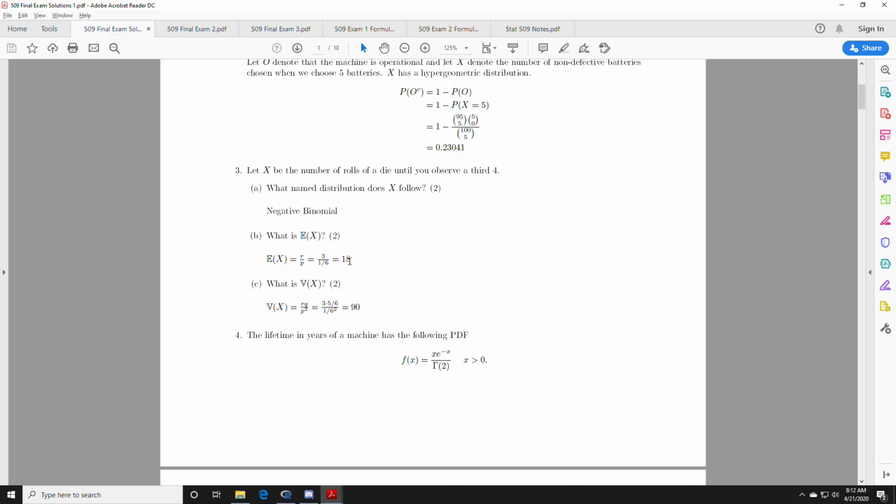Now, one thing I will mention for some of these expected values and variances, if you do not remember them, I would highly recommend that you look them up in your notes versus online. I believe we talked about it.